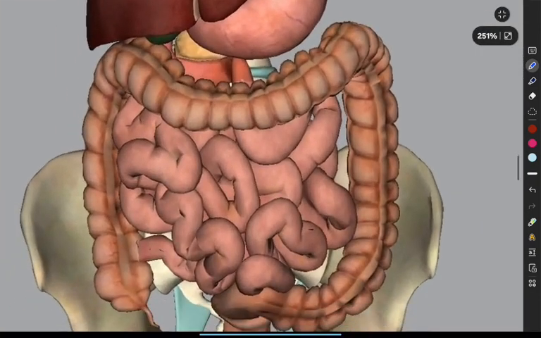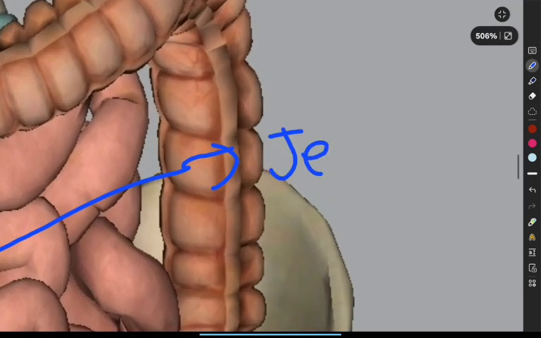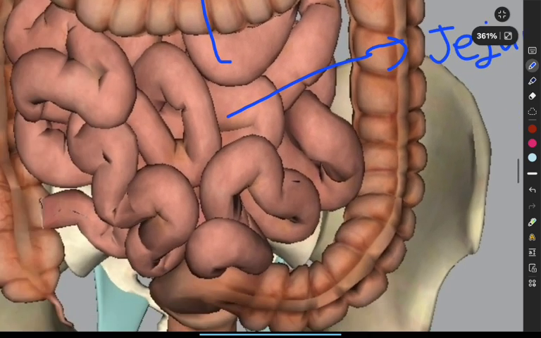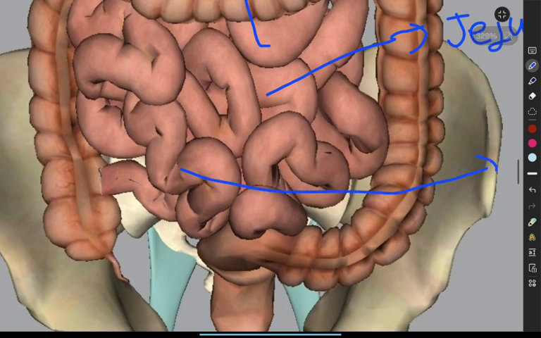Now after reaching the duodenum, it passes through the jejunum, and after that the ileum.